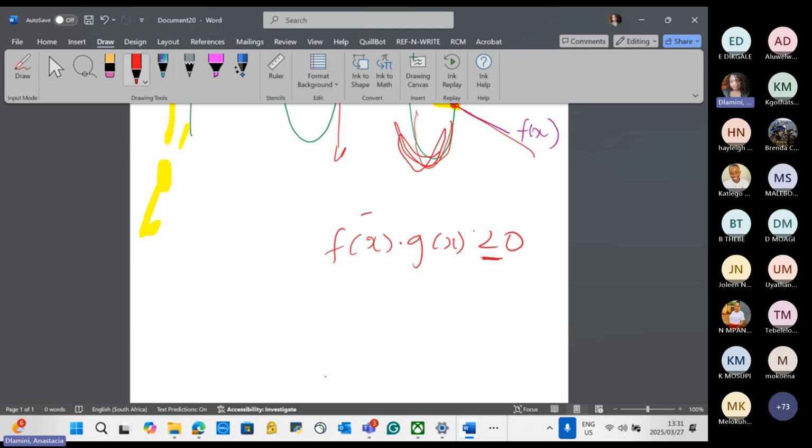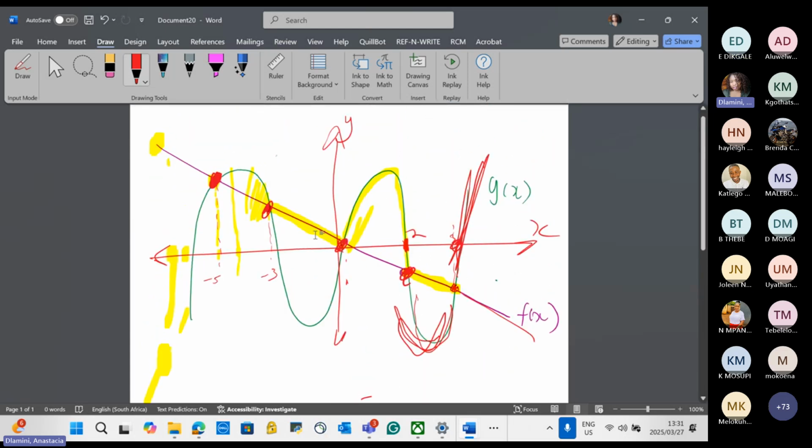Remember, we said we want one of them to be positive and the other one to be negative. Do you see that?